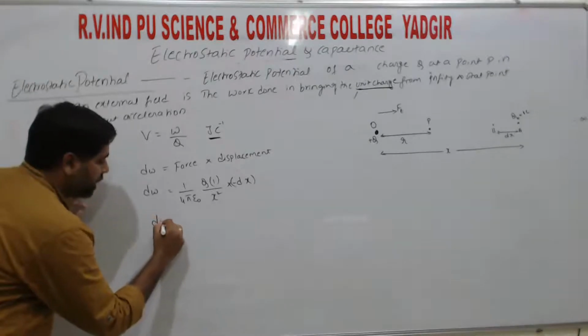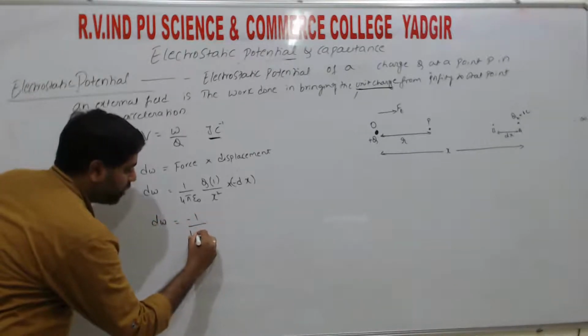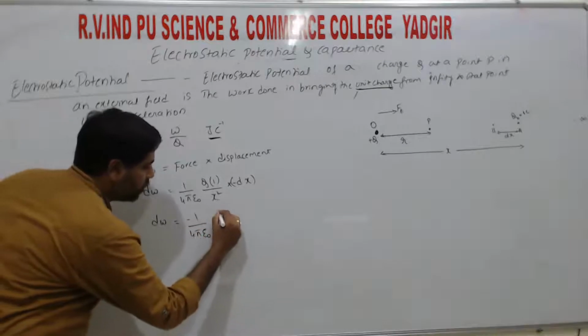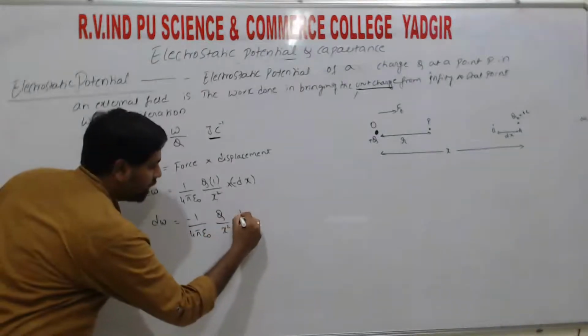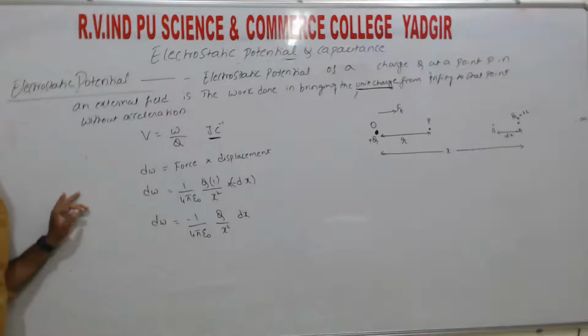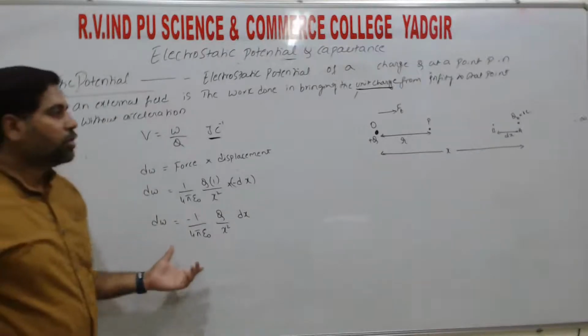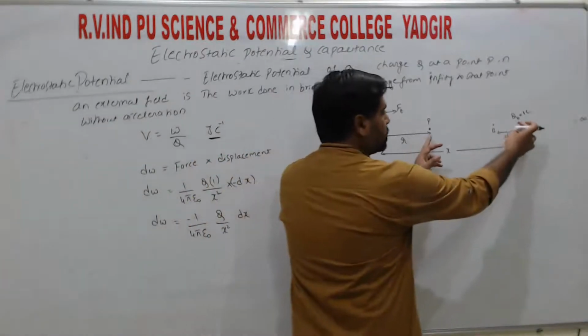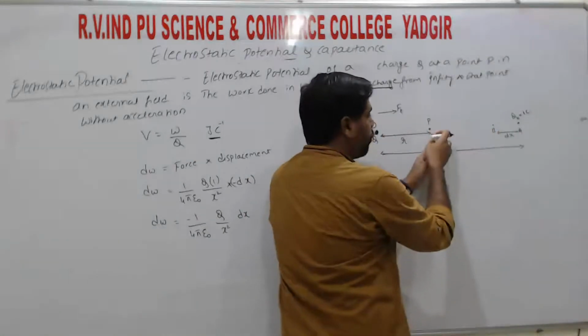We get dW equal to minus 1 divided by 4 pi epsilon naught into Q divided by x square into dx.